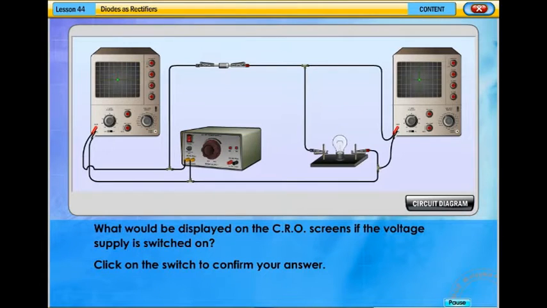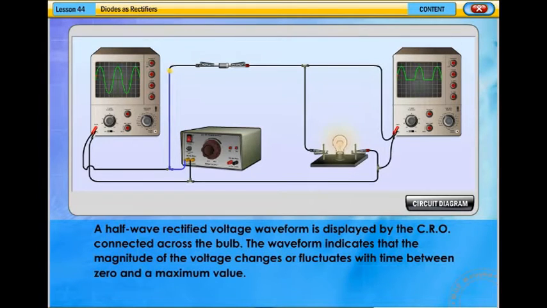Click on the switch to confirm your answer. Waveform is displayed by the CRO connected across the bulb. The waveform indicates that the magnitude of the voltage changes or fluctuates with time between 0 and a maximum value.